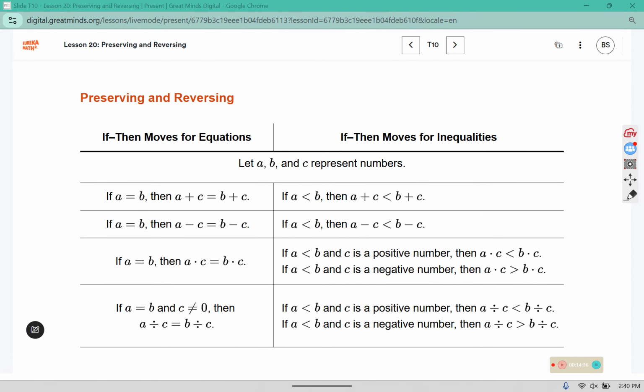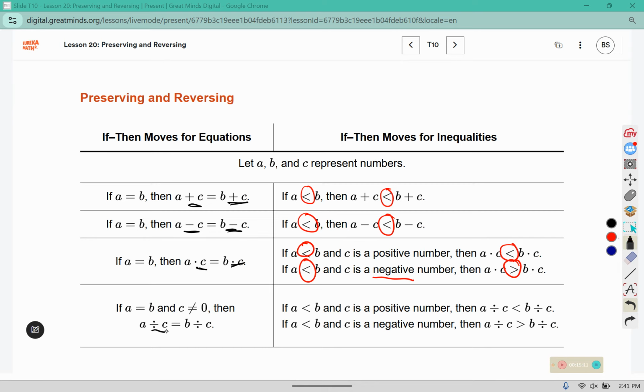Here are some notes on what types of things we can do when trying to solve inequalities. This one shows adding a number, and this one shows subtracting a number. And you see here that the symbol was written the same way. This one shows multiplying by a number, and it says if it was positive, the symbols face the same way, but if it was negative, it goes the opposite direction.